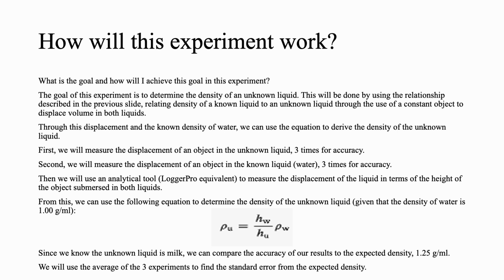From this, we can use the following equation to determine the density of the unknown liquid, given that the density of water is 1.00 grams per milliliter. Since we know the unknown liquid is milk, we can compare the accuracy of our results to the expected density, 1.25 grams per milliliter. We will use the average of the 3 experiments to find the standard error from the expected density.